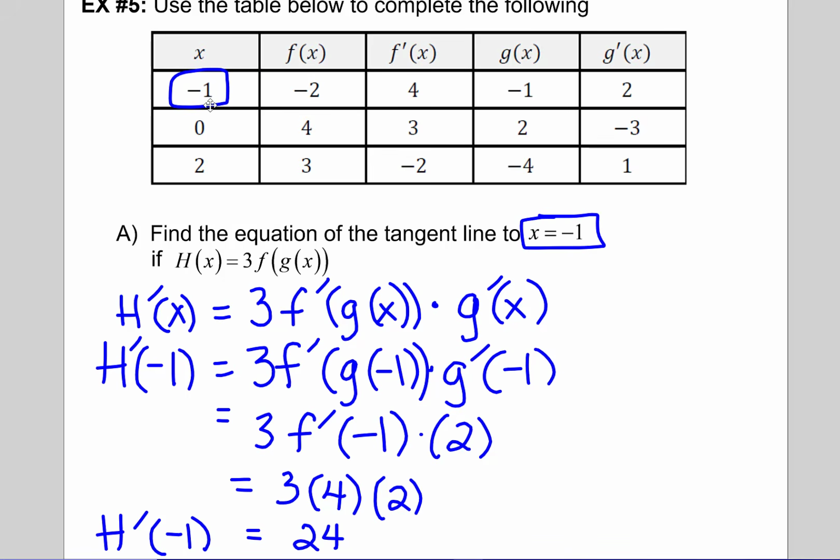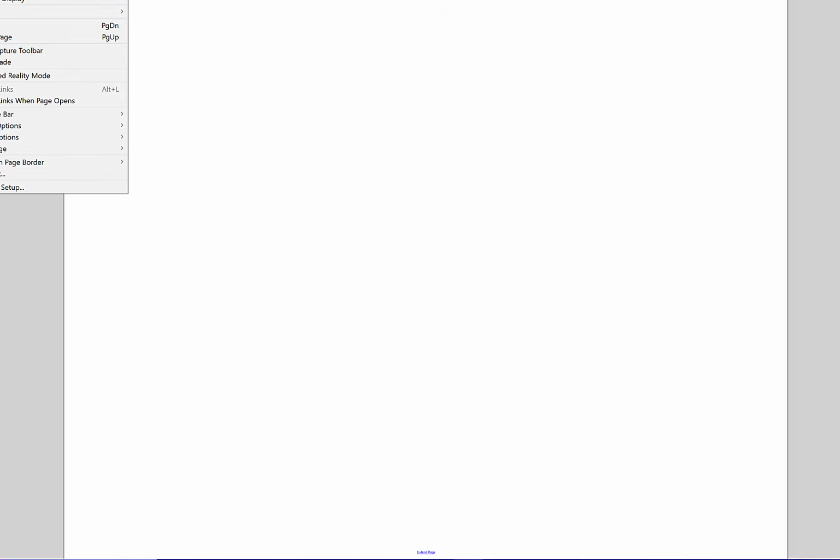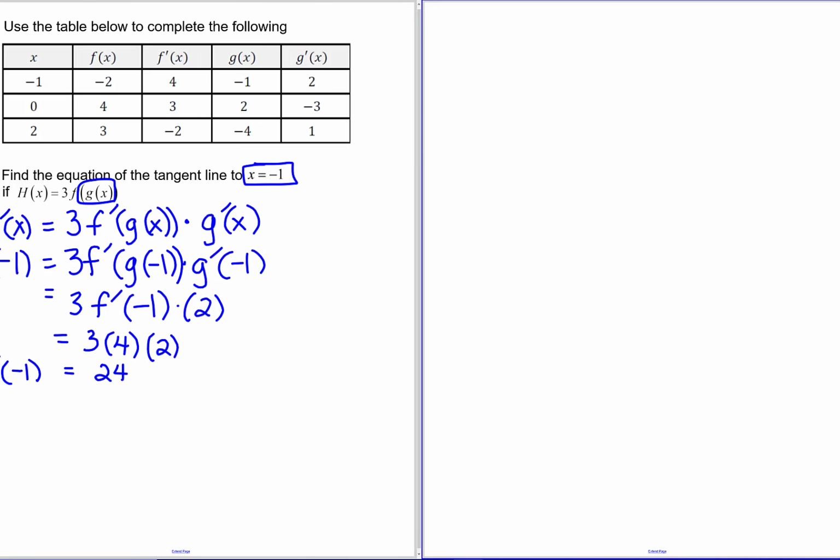What's our x and our y on -1? So we have a -2, but our function is 3 times that, right? The f of g of -1. So we've got to figure that out. Let's get a new sheet of paper here and look at dual page, so I have a place to write.